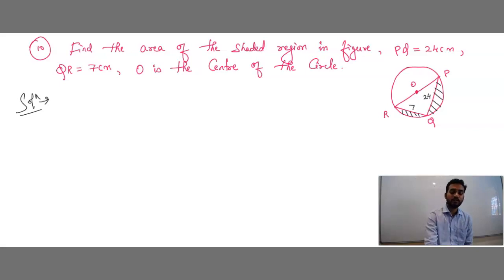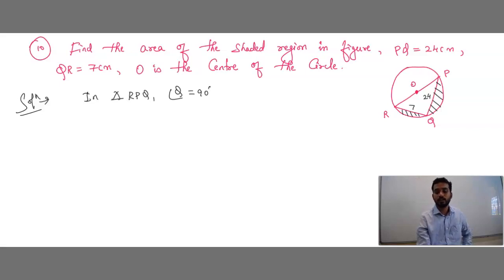So let me write like this. In triangle RPQ, we know that angle Q is 90 degrees. So can we apply Pythagoras? Yes. What does Pythagoras say? PR square is equal to PQ square plus QR square.